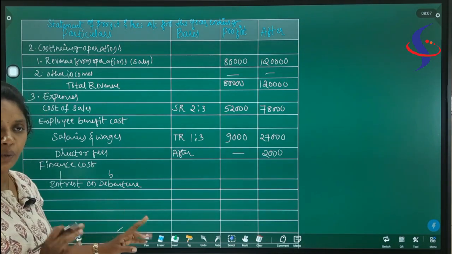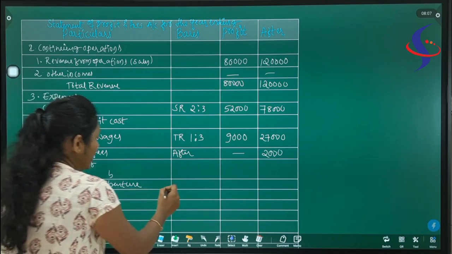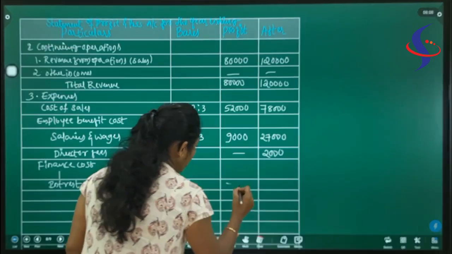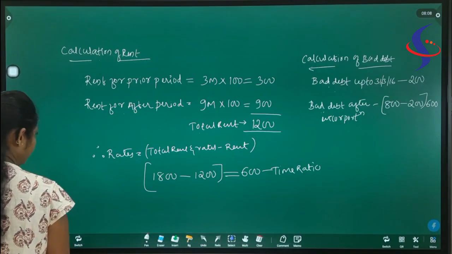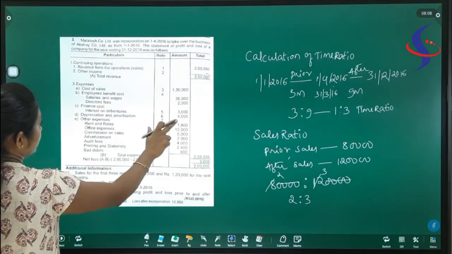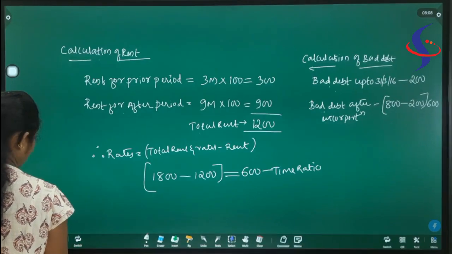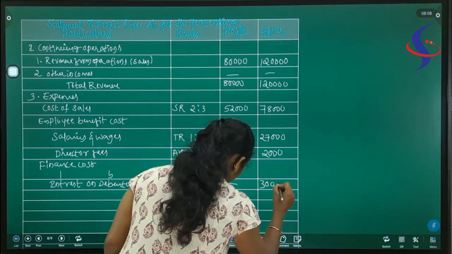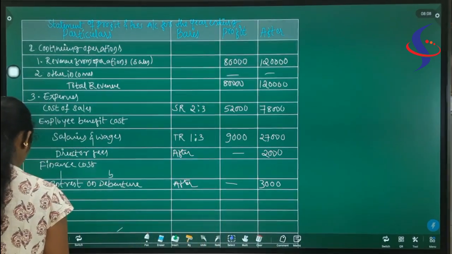Until you incorporate, you cannot do anything, so it will come directly for after. So how much is it? 3,000.